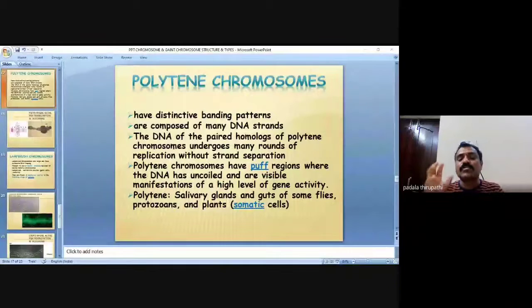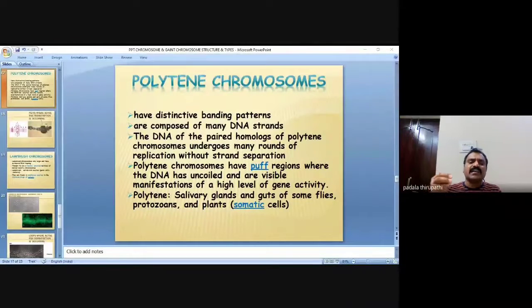The bands look like very light colored regions, and the puff regions or darker regions are where the DNA is highly coiled. Those are the dark band regions that we call band regions.